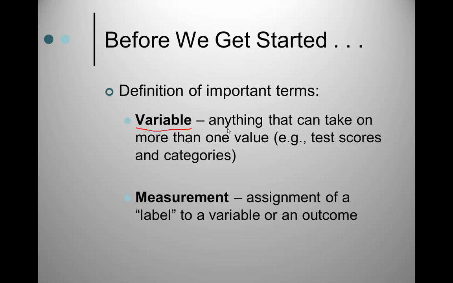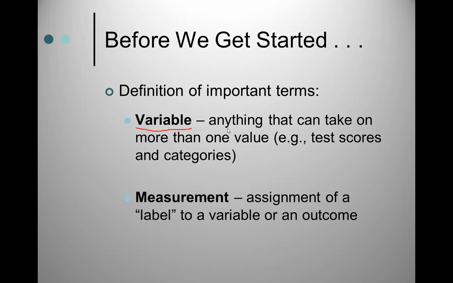Some test questions are better than others, and we'll take a look at those later on. But you and I use variables in our tests. That content can take on more than one value.